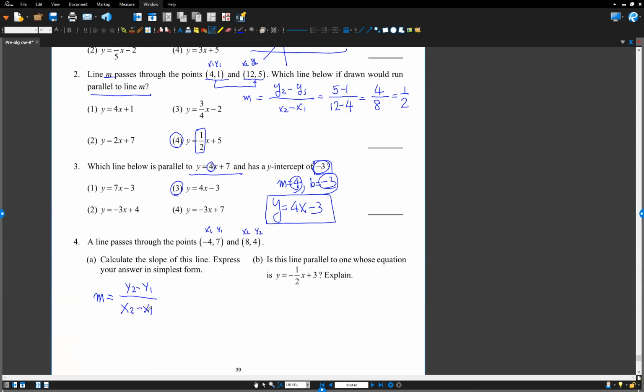Just use the formula for the slope. So y2 is 4, y1 is 7, x2 is 8, x1 is negative 4, so we need the parentheses.